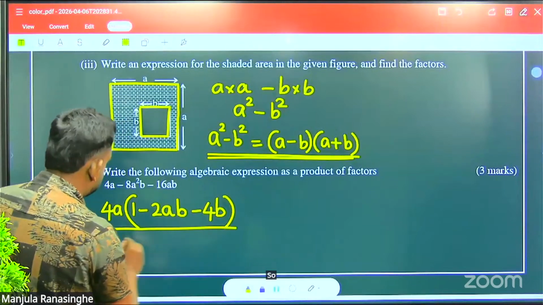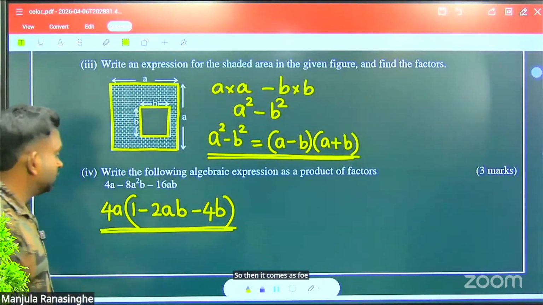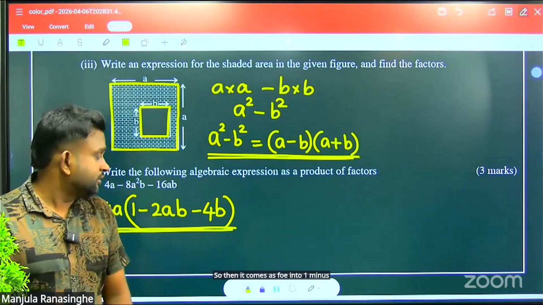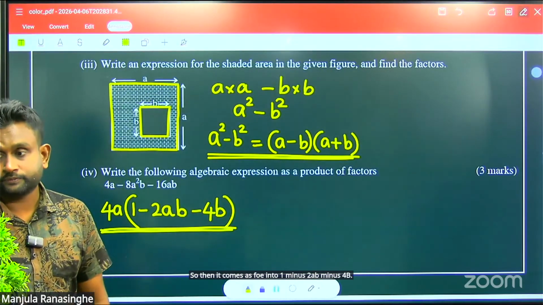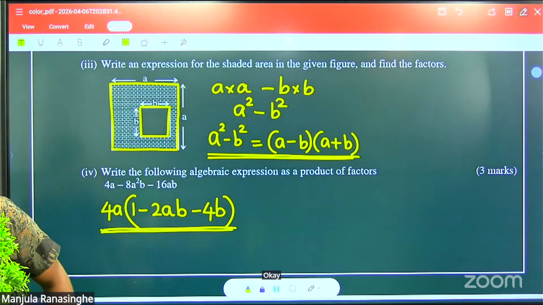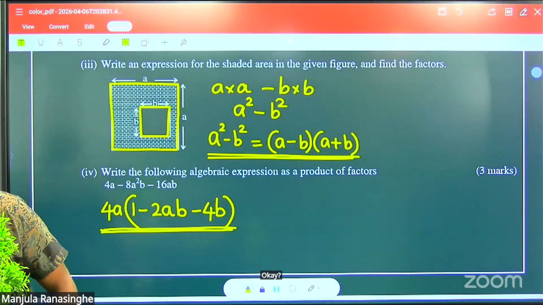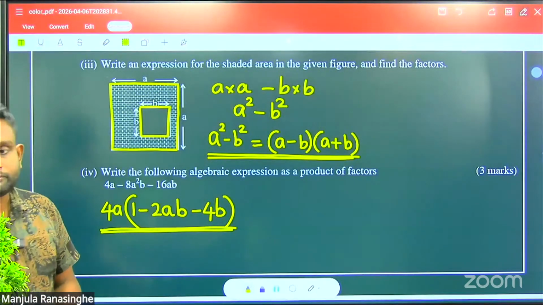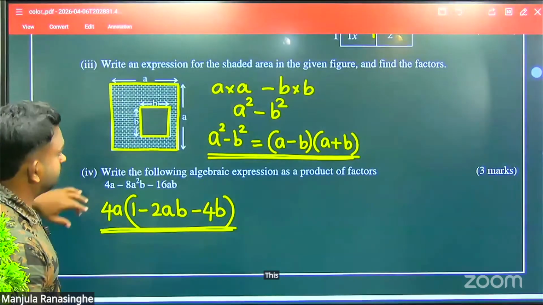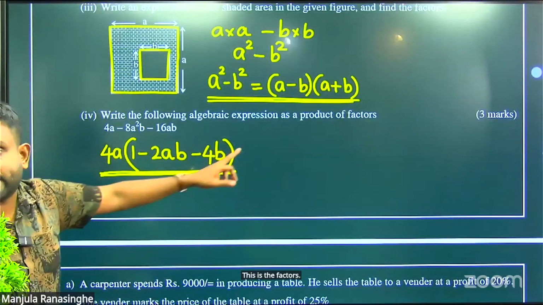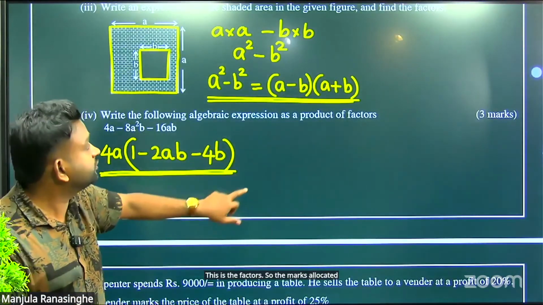So it comes as 4A into (1 minus 2AB minus 4B). These are the factors.